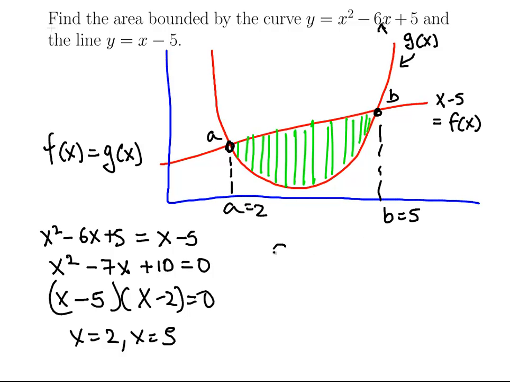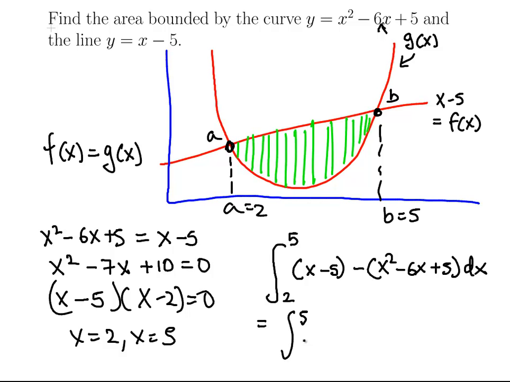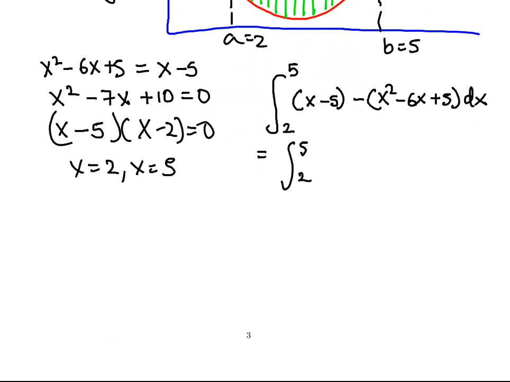Okay, so what we're looking for is x minus 5, that's f of x, minus g of x, that is x squared minus 6x plus 5, dx. And let's simplify that. I'll just move this down here so we have more room.